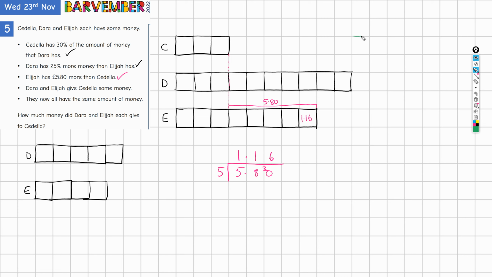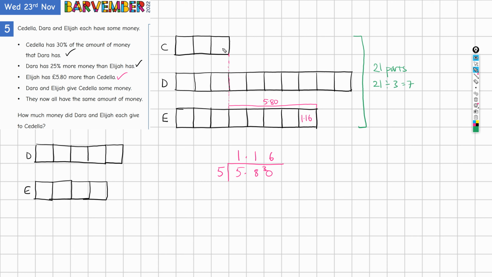The whole model has 21 parts. We want to share those parts equally between the 3 people. So 21 divided by 3 gives us 7. Everyone is going to have 7 parts.